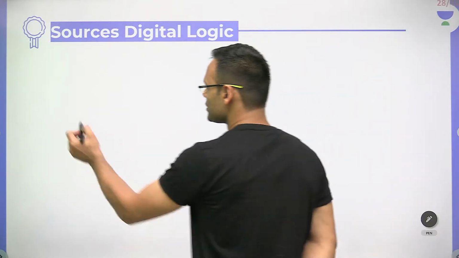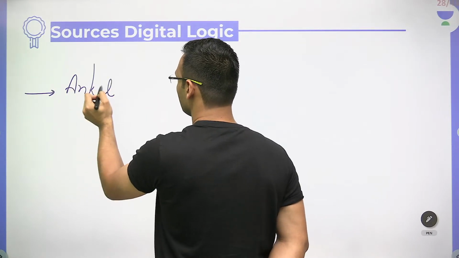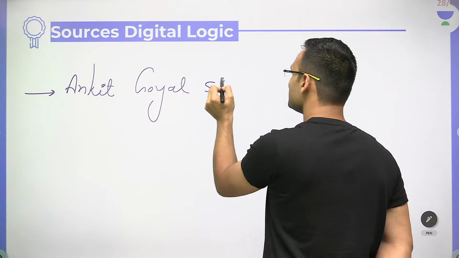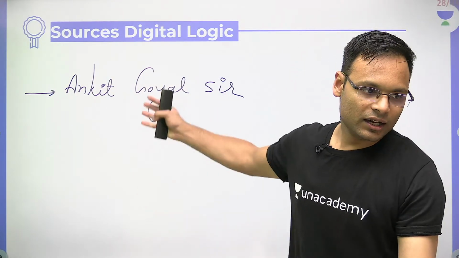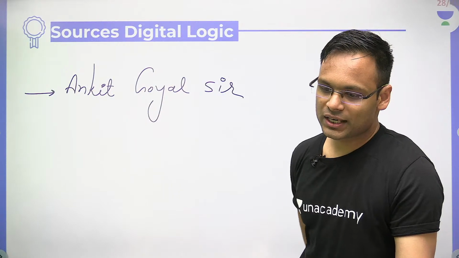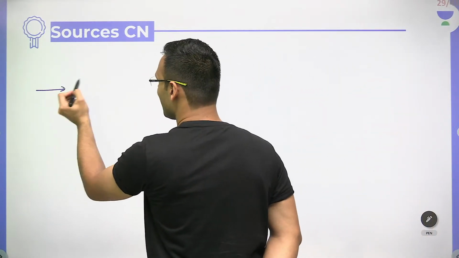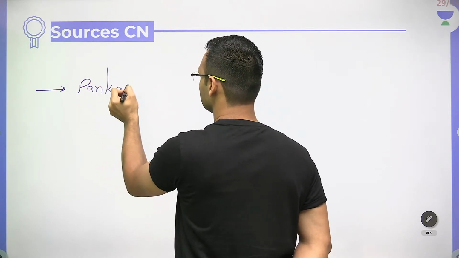Sources for digital logic on this channel, you have the best one by Ankit Goyal sir. And guys, he is GATE rank 1 in electrical. He is amazing educator. Just check it out once. Computer network, we have a playlist by Pankaj Mishra sir already on this channel.